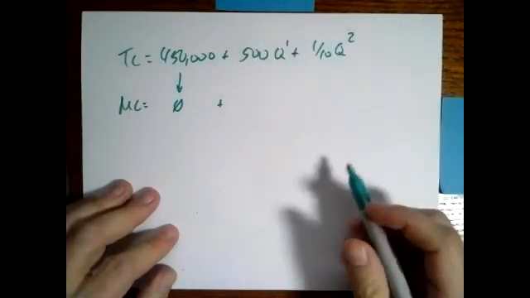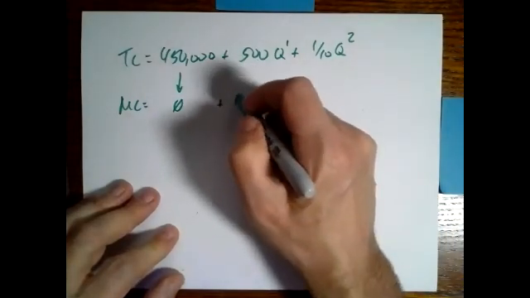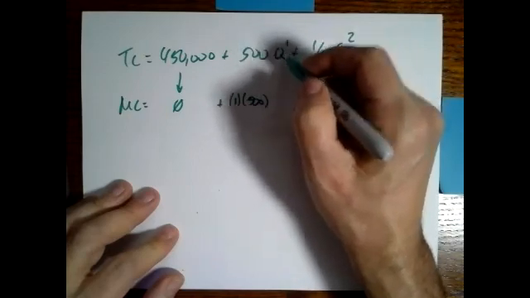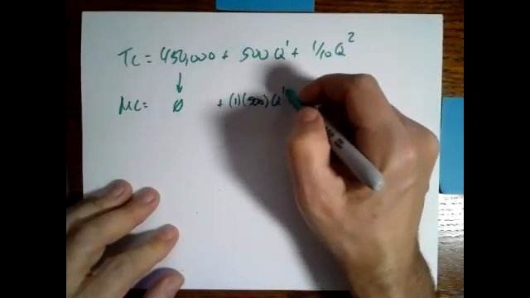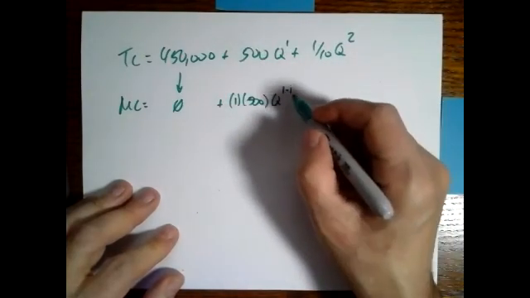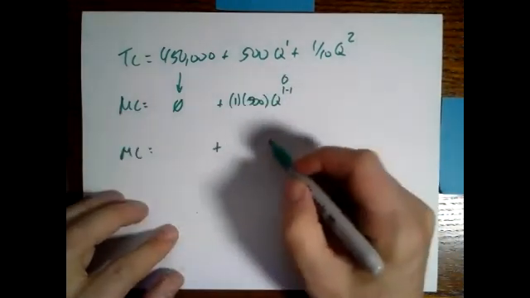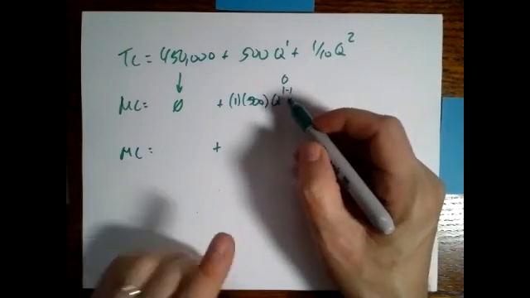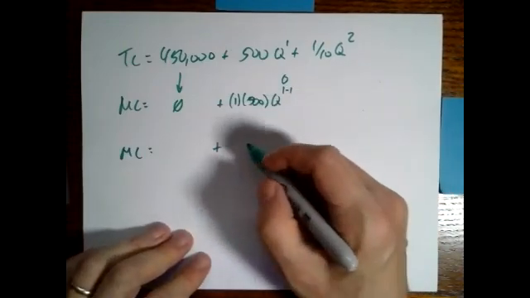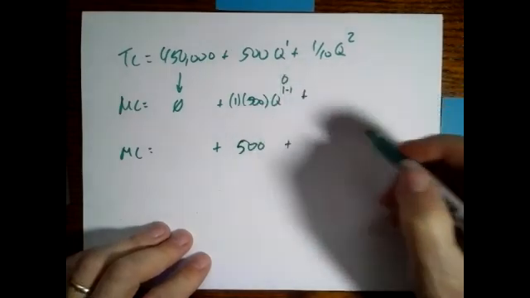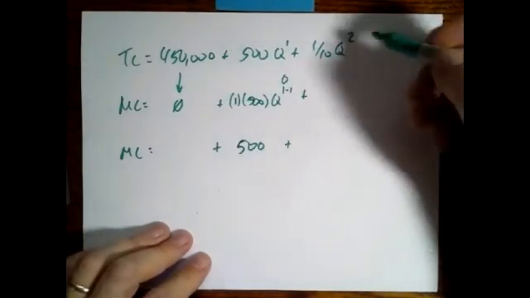This we recognize as Q to the 1, so that becomes 1 times 500. And then we do Q to the 1 minus 1, which becomes Q to the 0, and Q to the 0 is 1. 1 times 1 times 500 is just 500. Okay, we're done with that.